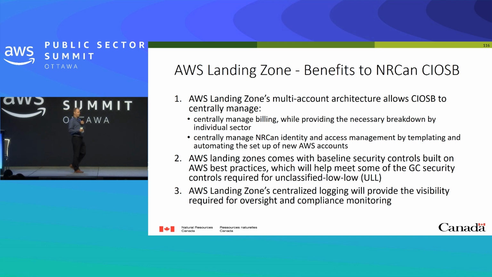And they're helping us meet the Government of Canada security controls and requirements for unclassified low at this point. Multi-factor authentication right out of the box can start to be used and applied to each account and tailored to our needs, just as one of the many examples.